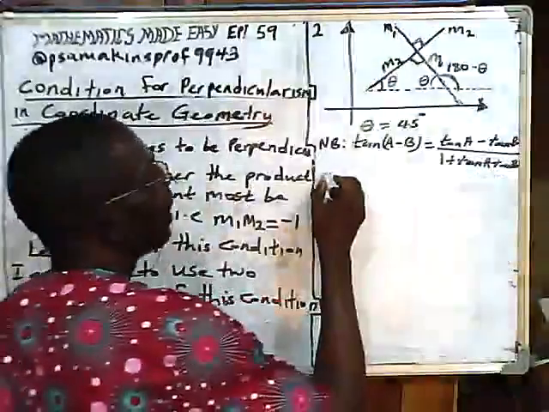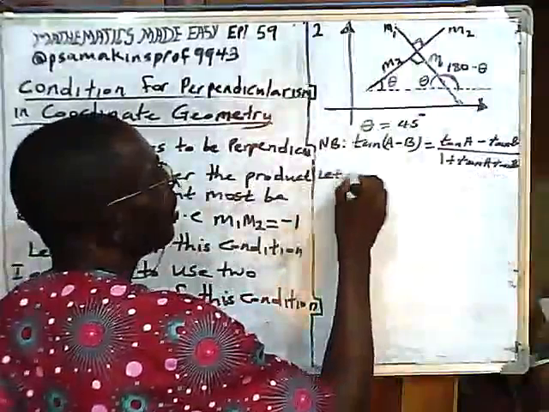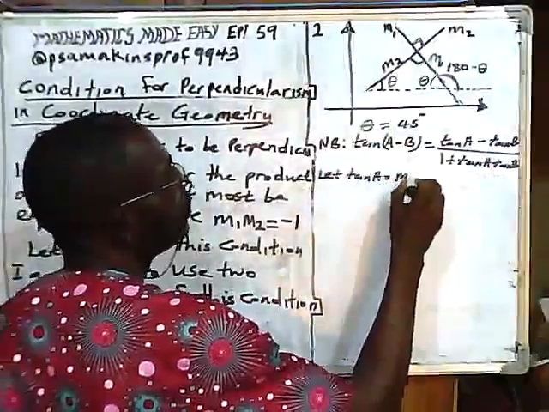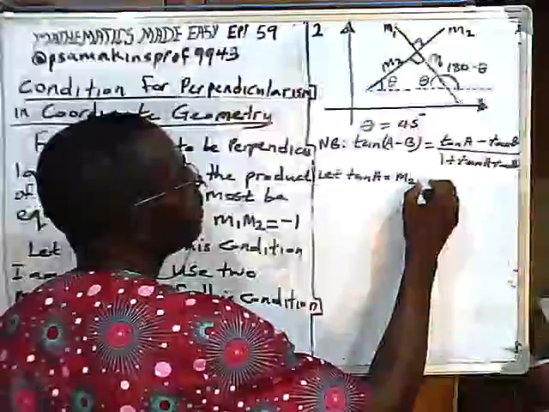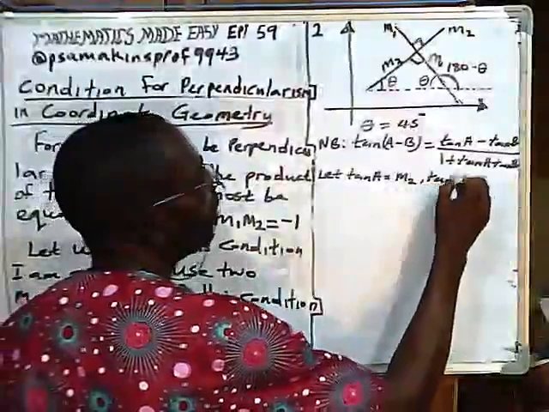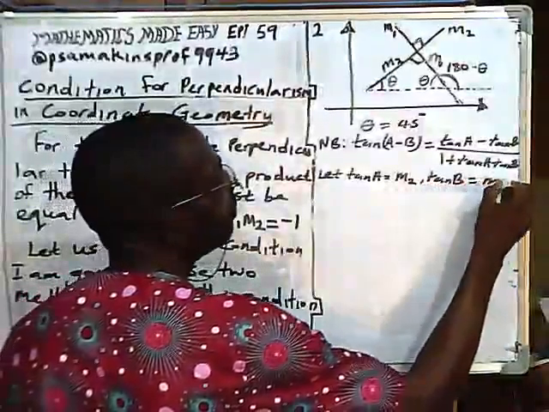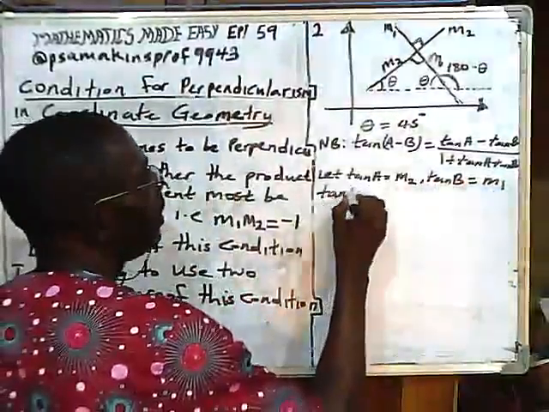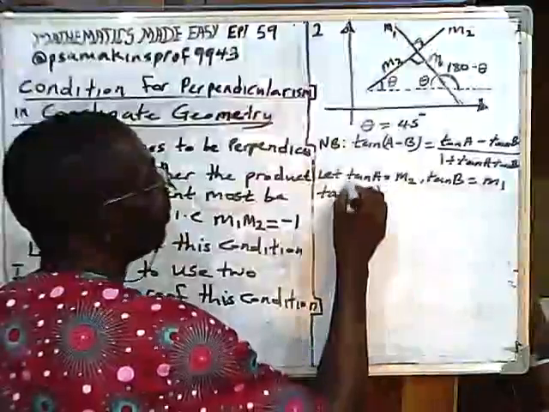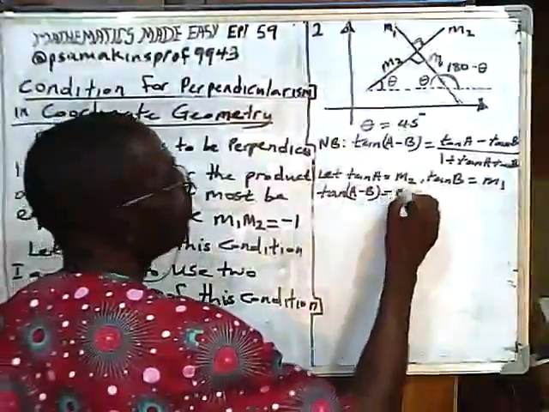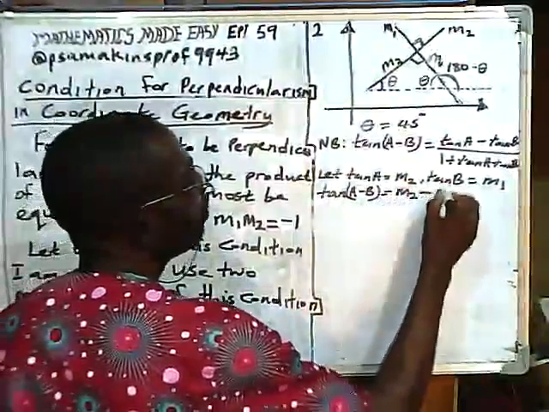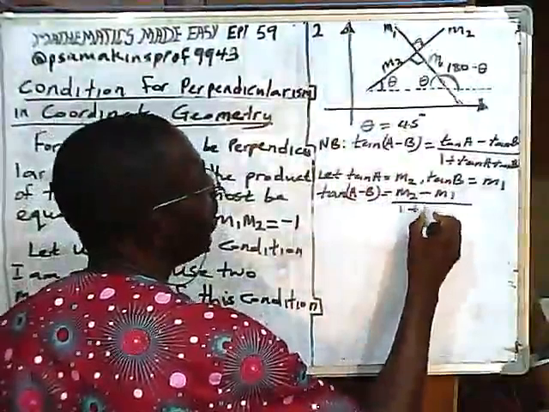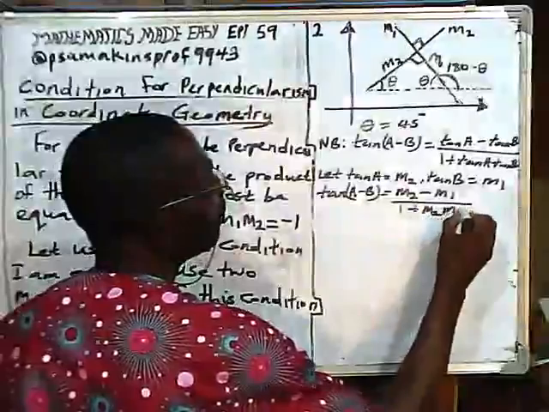So if we let tan A be equal to m2 and tan B be equal to m1, therefore tan (A minus B) will also be equal to (m2 minus m1) all over (1 plus m2 m1).